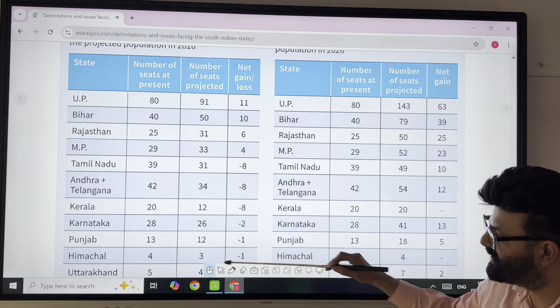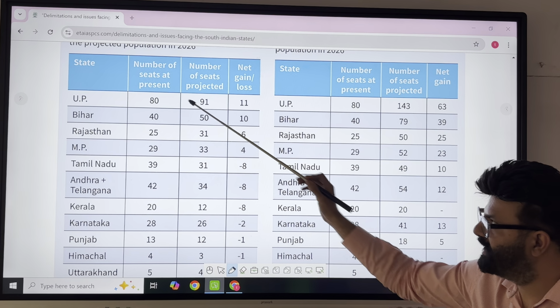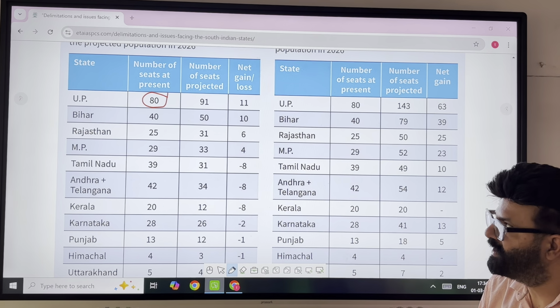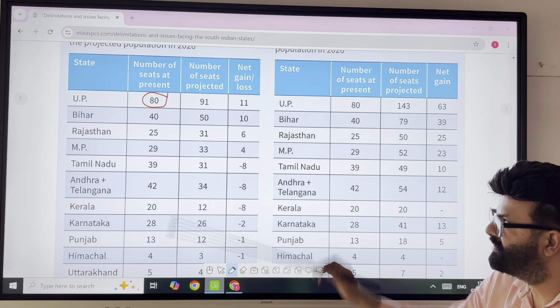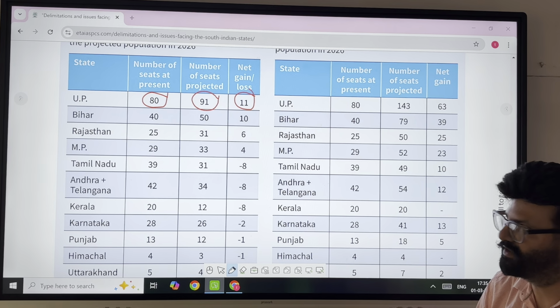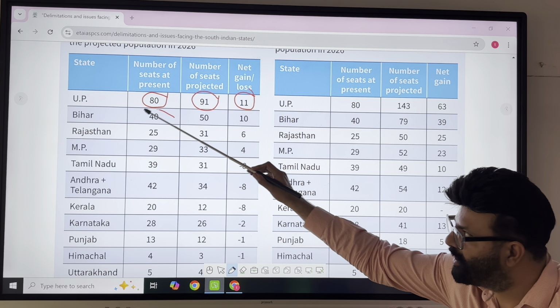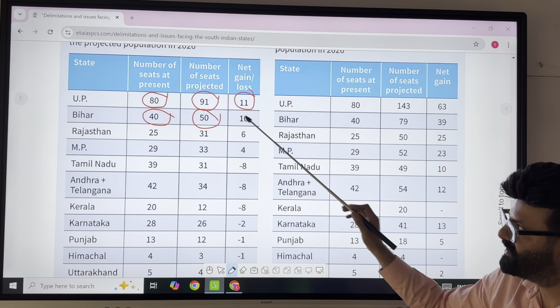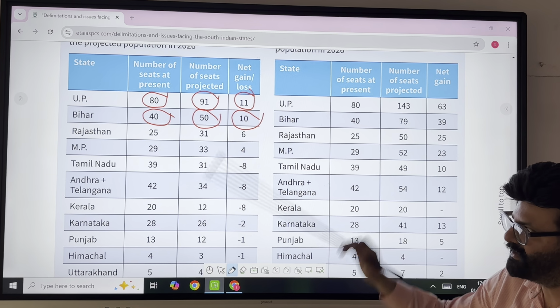Currently, the number of seats in UP is what? 80. And the number of seats projected in UP is 91, so they are gaining 11 seats. In Bihar, how many seats are there currently? 40. So Bihar will get 50 seats, a net gain of 10 seats.